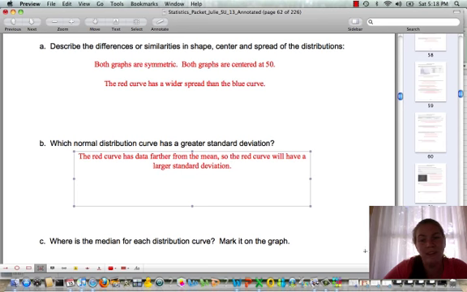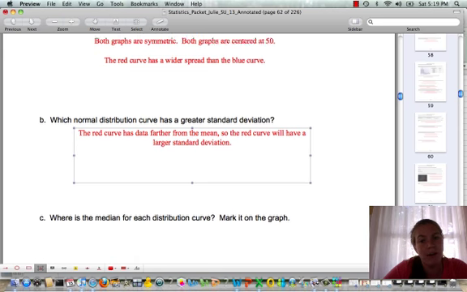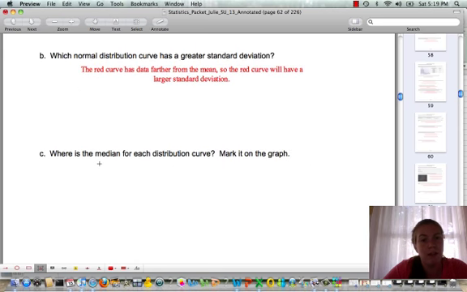And then question C is asking where's the median for each of these distribution curves, and we saw they both have the same center at 50, so you guys can label that as the median on your graph.